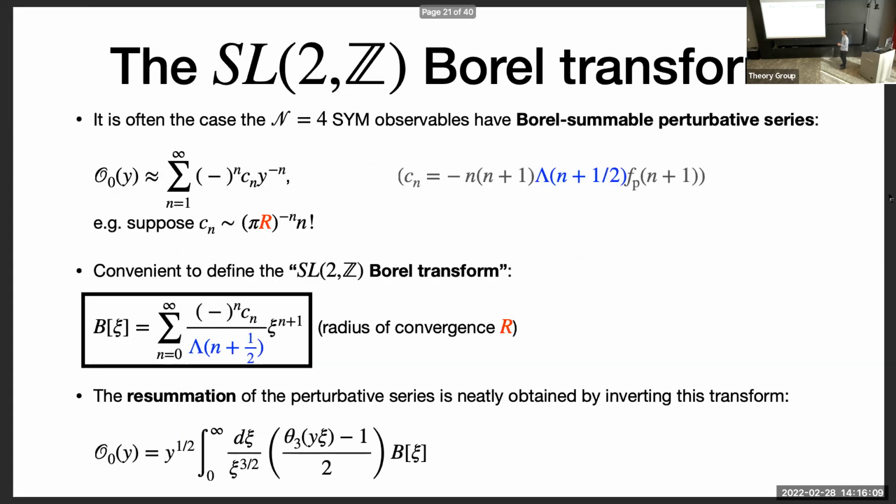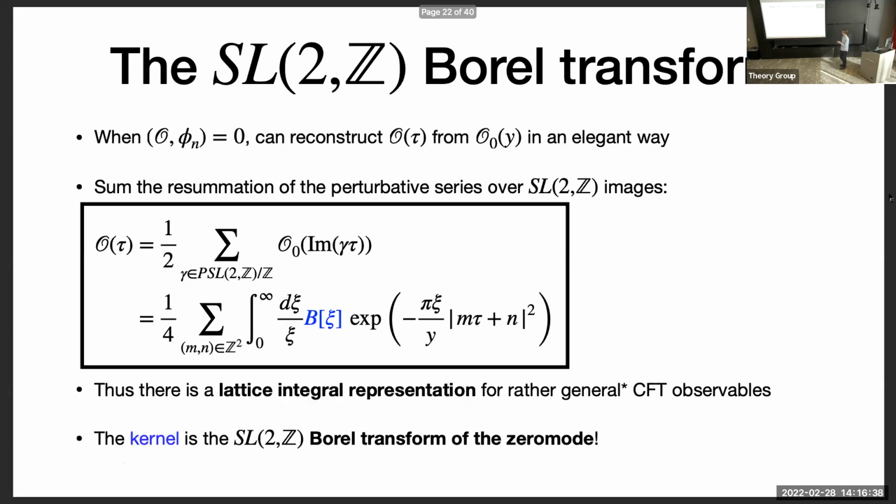Here what I had in mind was observables whose weak coupling expansion is Borel summable. So if I define it this way and then strip off the lambdas, there's some finite radius of convergence. It's certainly not always the case, but I think there's a pretty broad class of observables for which this is true. Then you can obtain it entirely from its perturbative expansion in this way.